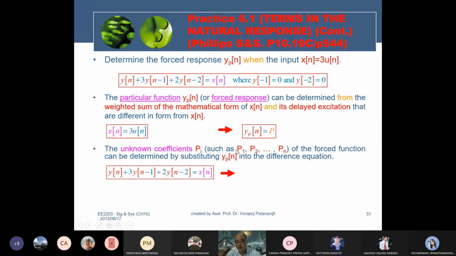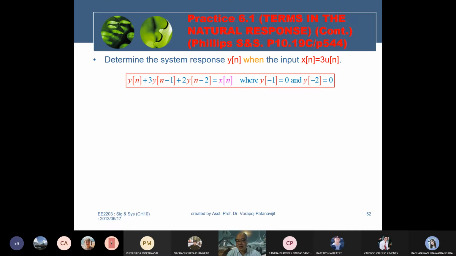The unknown coefficient p of the forced response can be determined by substituting yp into this difference equation, where x is set to be 3un. Therefore, 6p equals 3, p equals 0.5. Now you already get the particular solution.